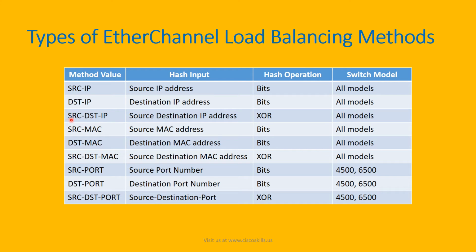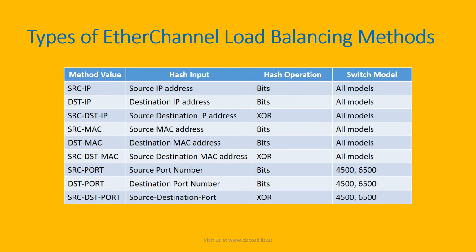So the hash algorithm has to look at both the source and the destination IP address, and based on the number of links, it's going to do the XOR to find out which link it needs to forward the traffic to.